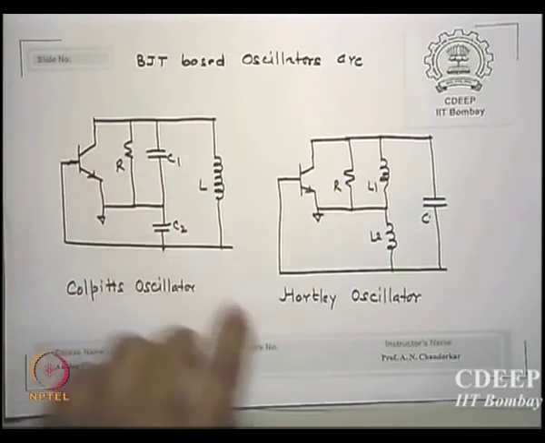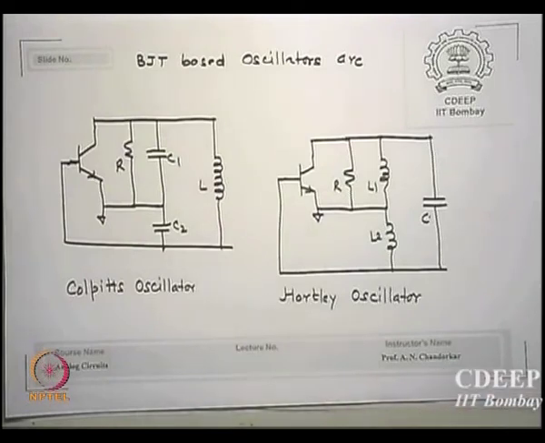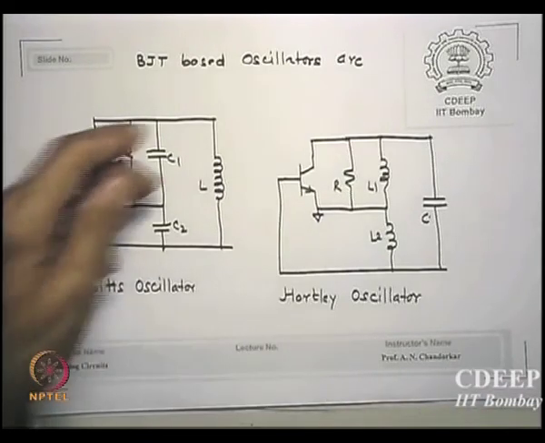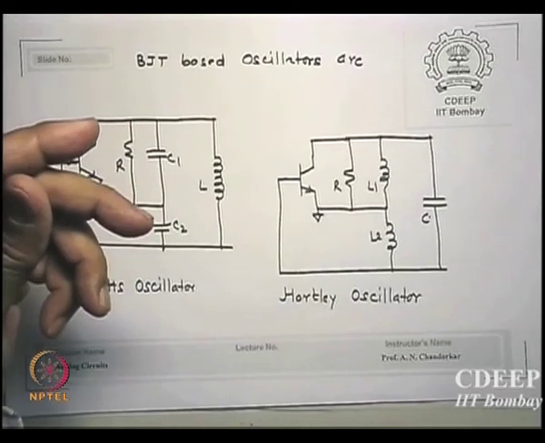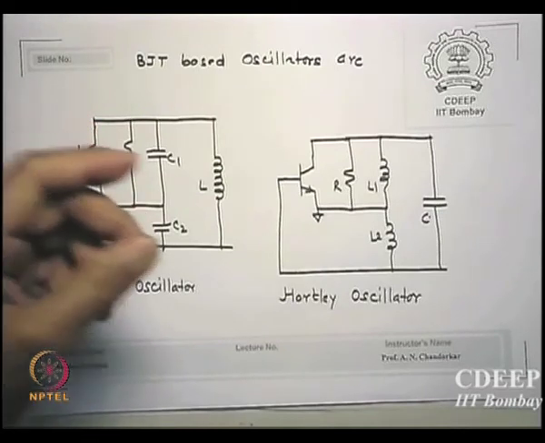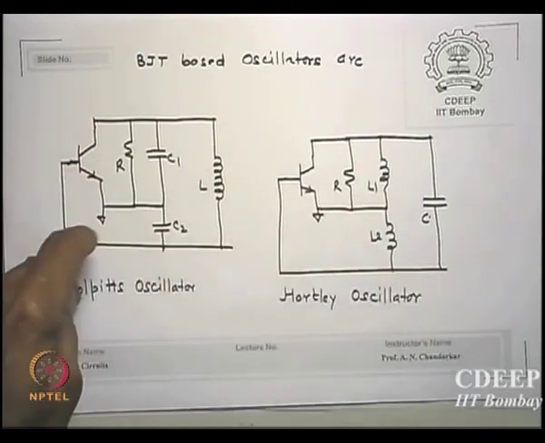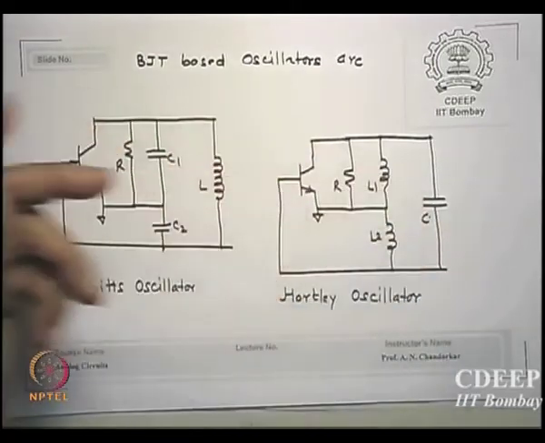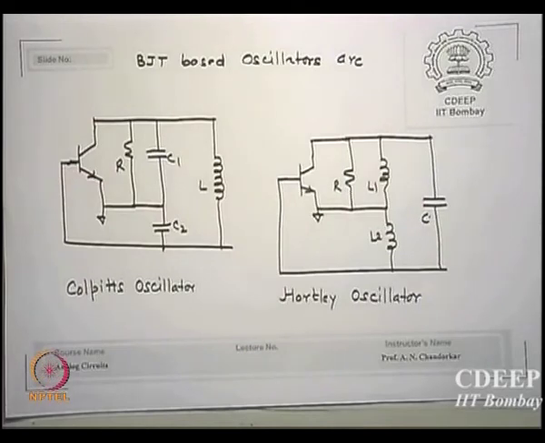I can do just the opposite of Colpitts. What does opposite mean? Where there is C, I will put an inductor, and where there was an inductor, I put a capacitor. Same circuit, replace L by C. This circuit is called the Hartley oscillator.